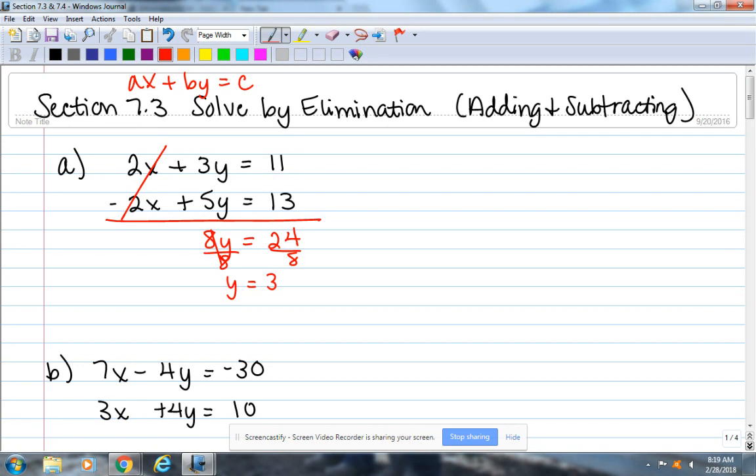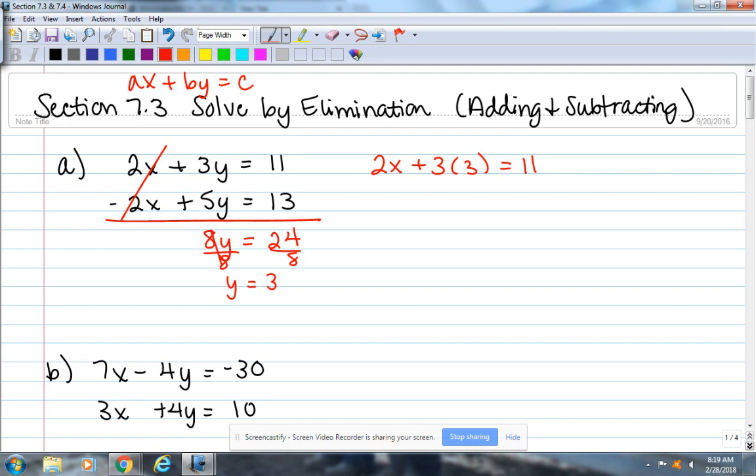Now we need to know the value for x. So how do you think we can get the value for x? Plug in y equals 3 for the y in one of the original equations, right? It doesn't matter if you plug it into the top one or the bottom one. I'm just going to do the top one. So I'm going to say 2x plus 3 times 3 equals 11. Where they had a y, I substitute a 3.